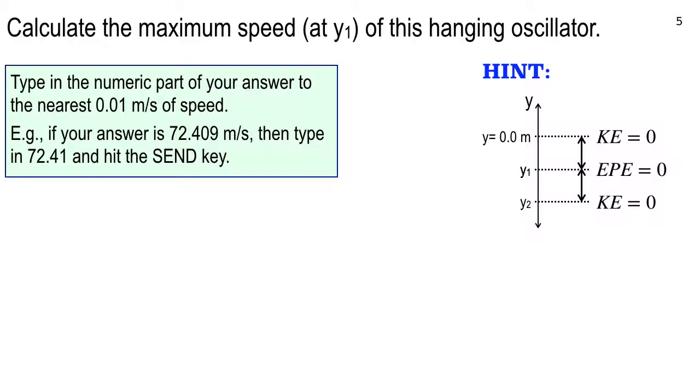Yeah, so Y2 is a negative something if you wrote it down in your notes. And then the top of the oscillation is 0.